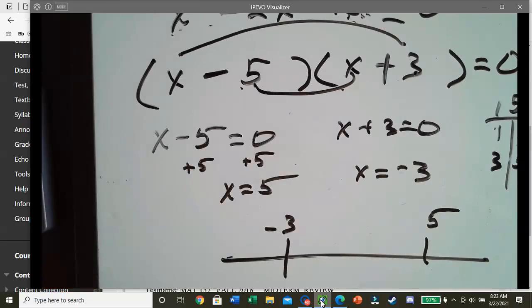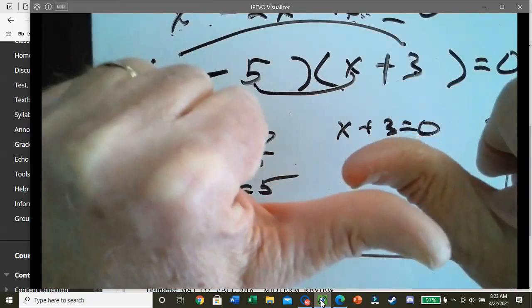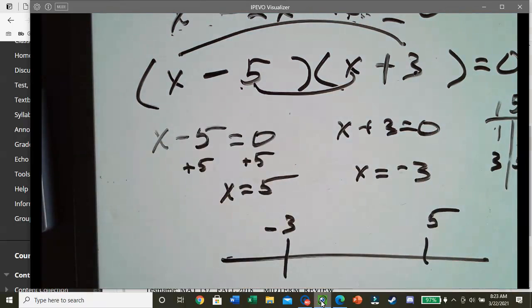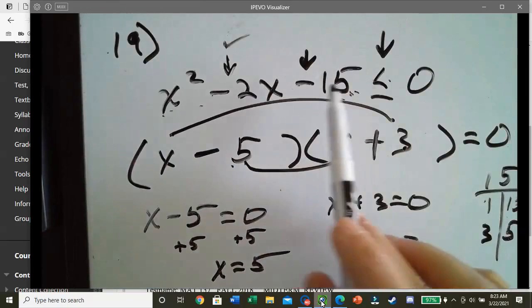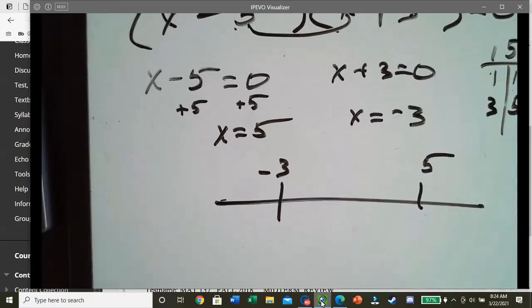So within these boundaries, our solution is either going to be in between these two boundaries, or they're going to be outside. They're going to be in between the two boundaries, negative 3 and 5, or they're going to be outside. But we don't know which. So we use a test point, okay?